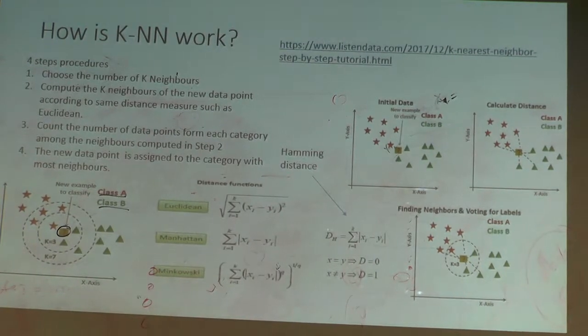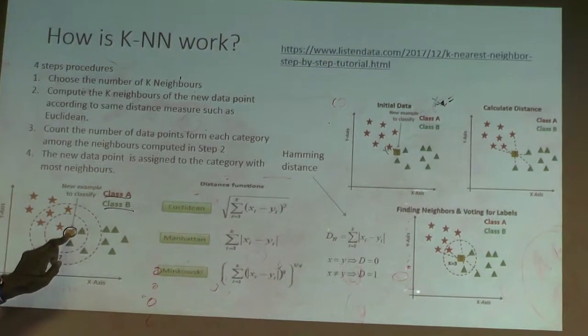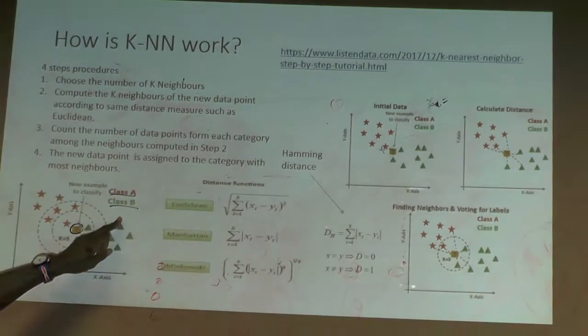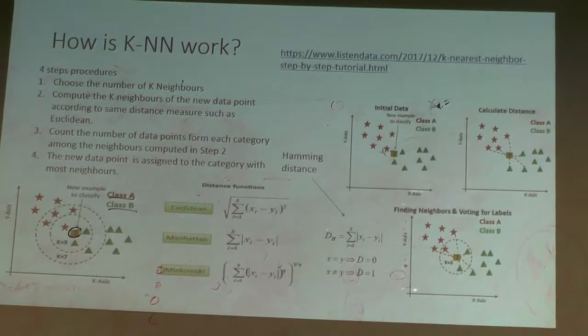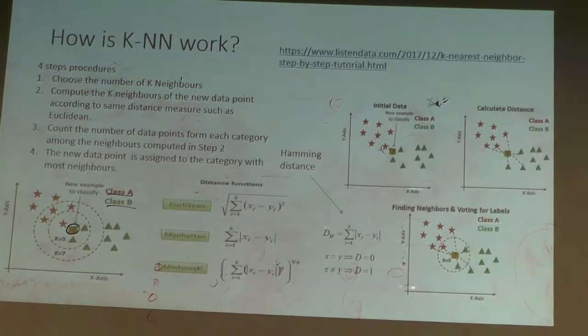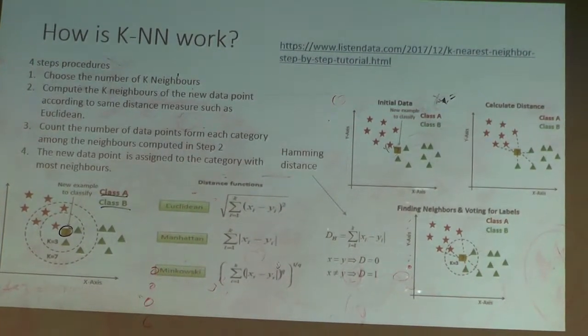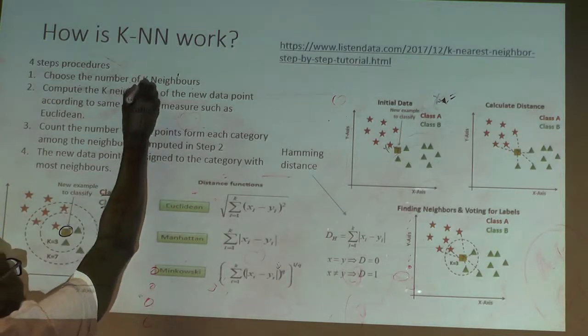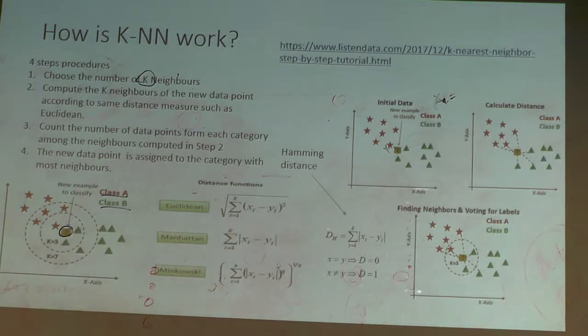Now, I want to be able to position this person in either class A or class B. For me to do that, there are a few things I need to take into consideration. It's based on 4 characteristics that you need to check. The first one is that you choose the number of K nearest neighbors. What do we mean by that?